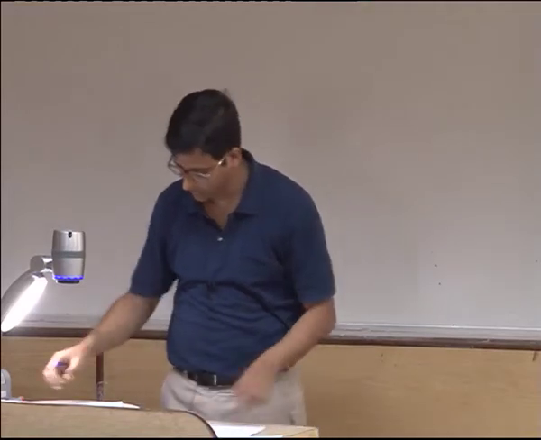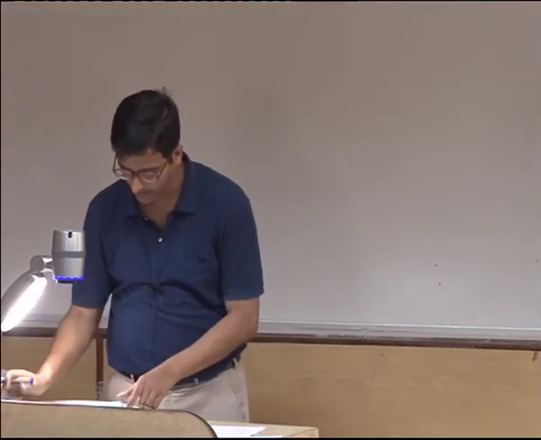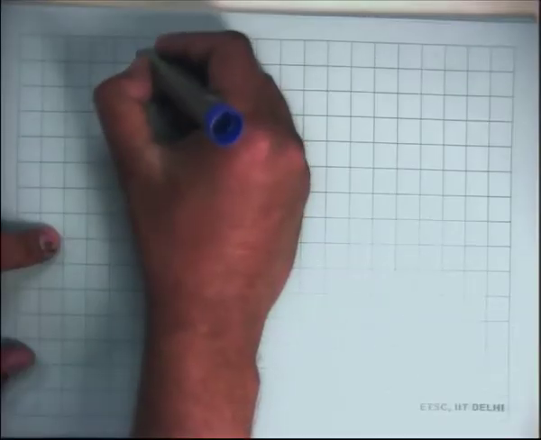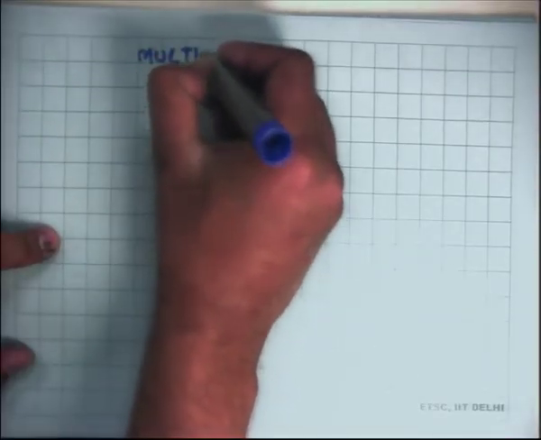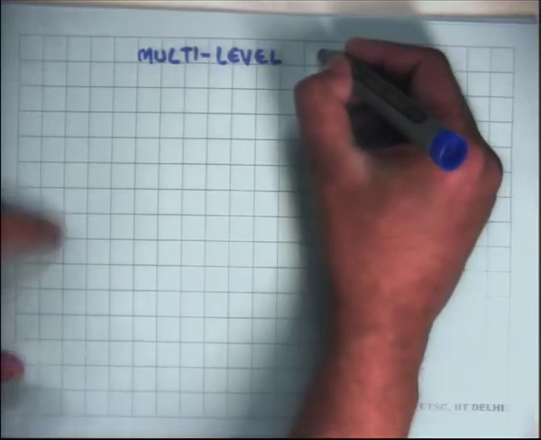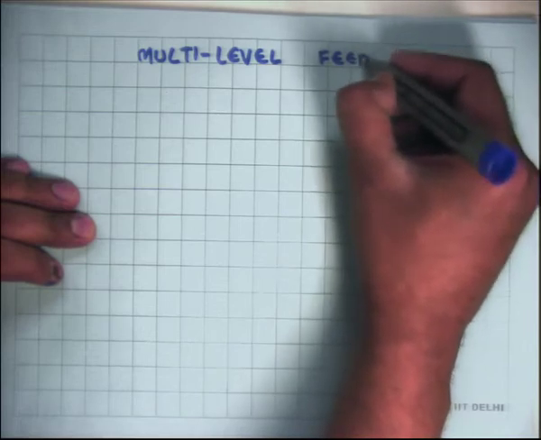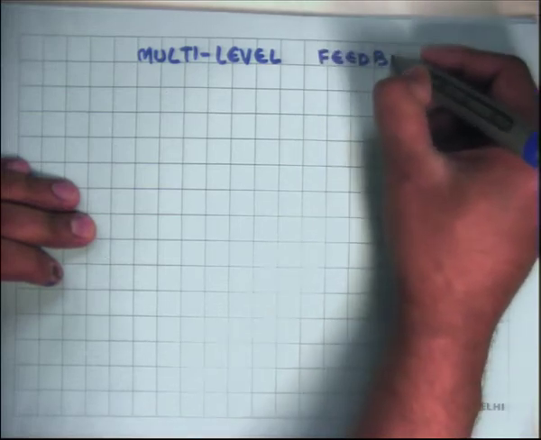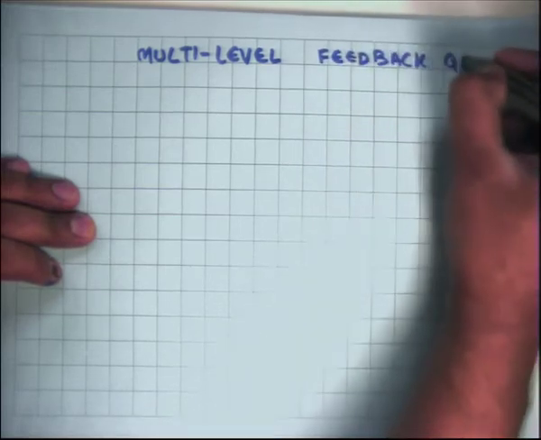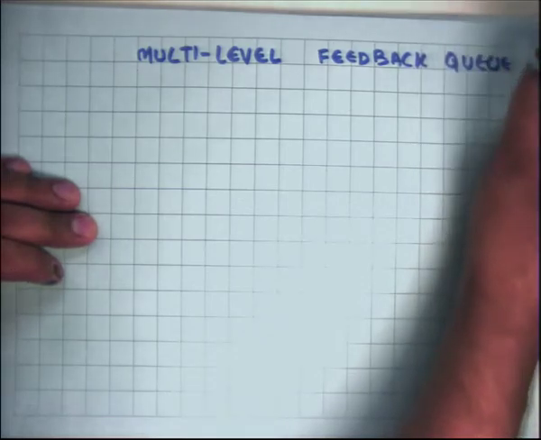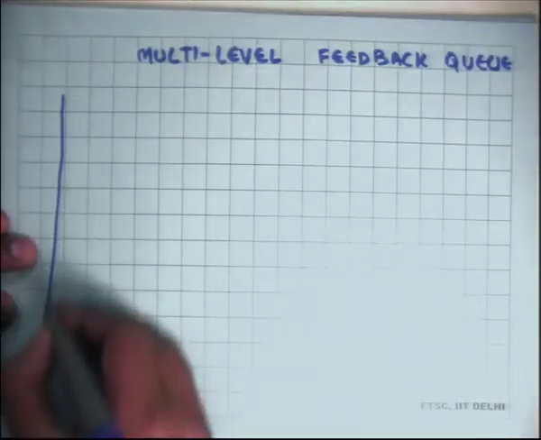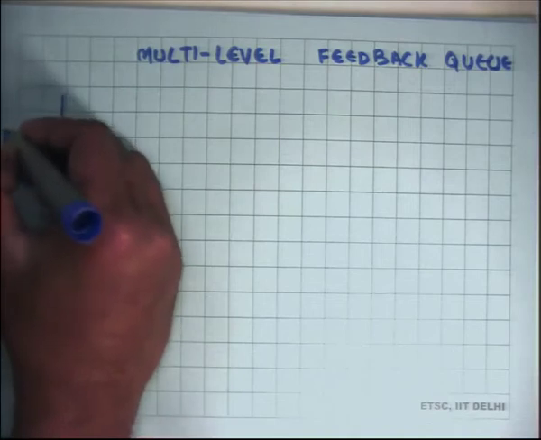Okay, right. So using this priority idea, what is popularly used in operating systems is what's called a multi-level feedback queue. So what's this? You basically maintain multiple priority levels.